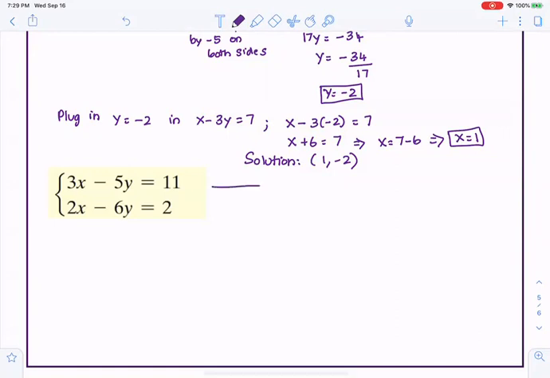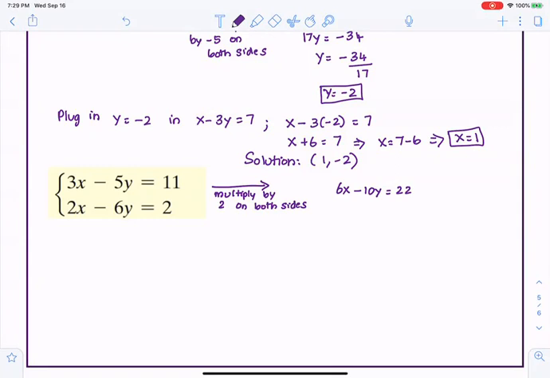I can achieve that by multiplying by 2 on both sides. So 2 times 3x would be 6x. 2 times -5y would be -10y. 2 times 11 is 22.